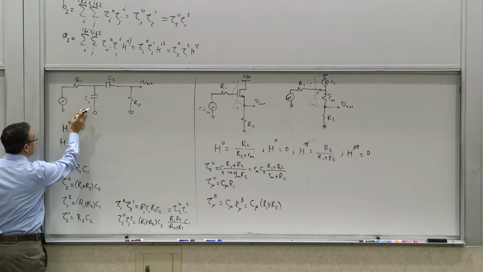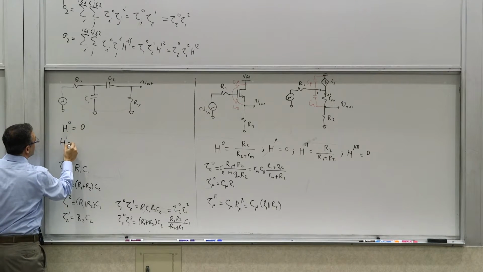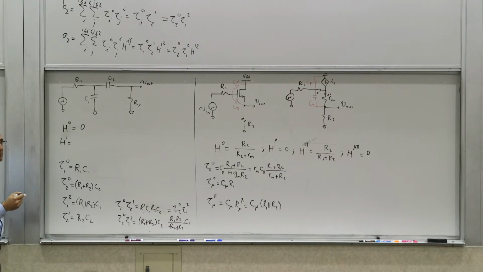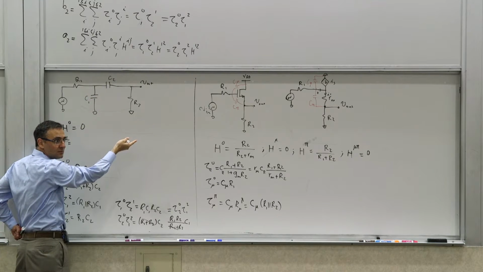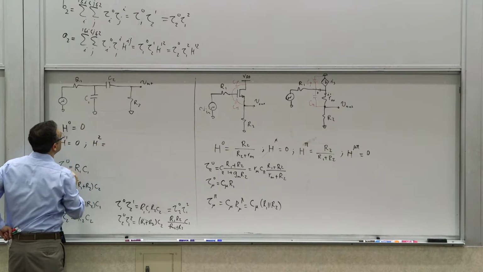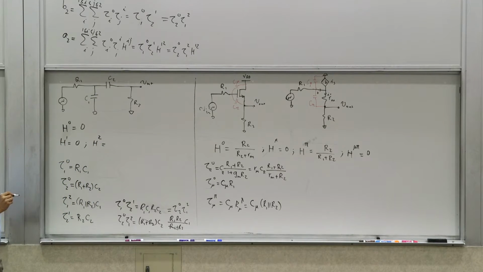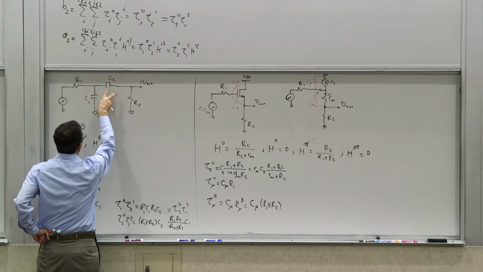So for this example that we did before, what was this? H1, what is H1? 0, right? Because you short circuit this guy, nothing goes to the output. So this is 0. What is H2? Yes, H2 is non-zero because you short circuit this one, you have a resistive divider between these two.